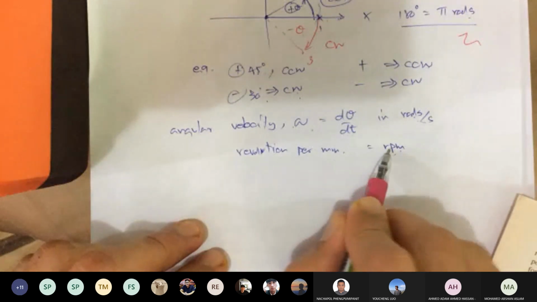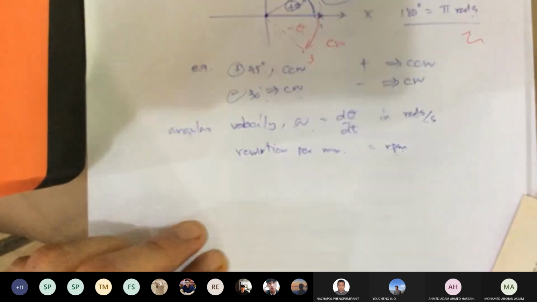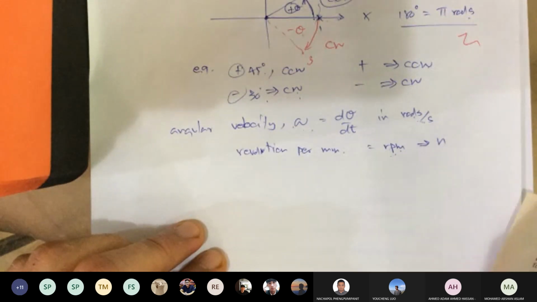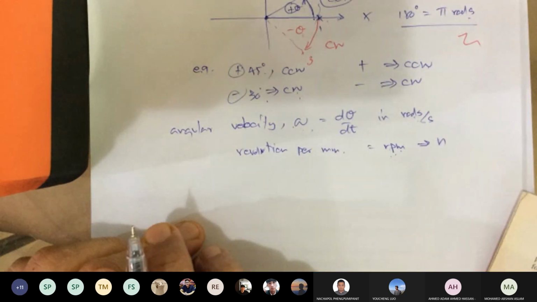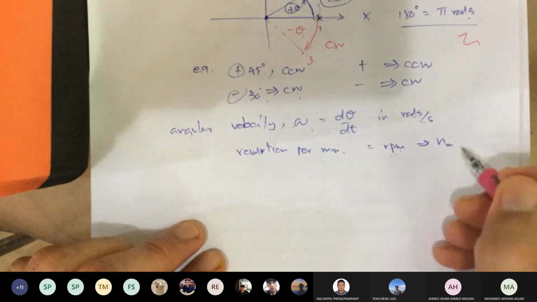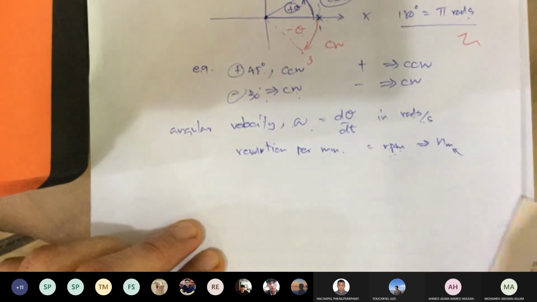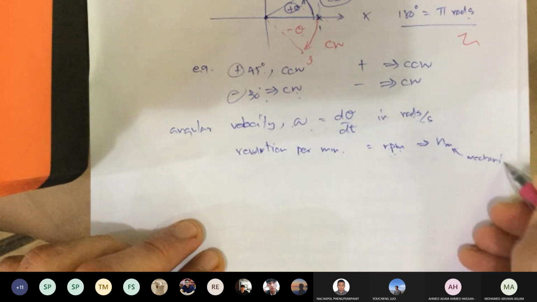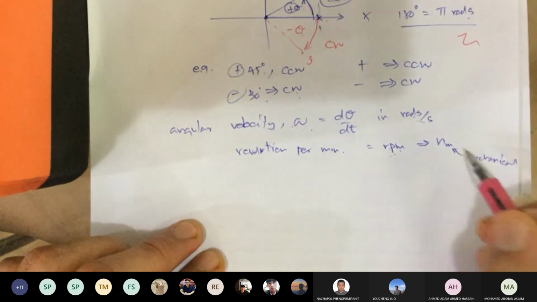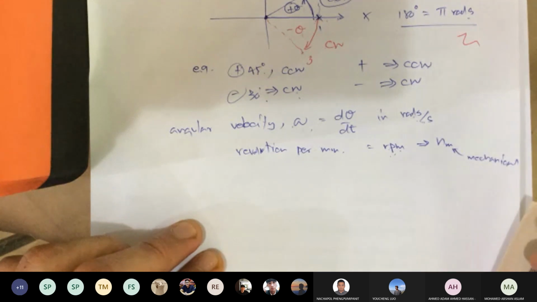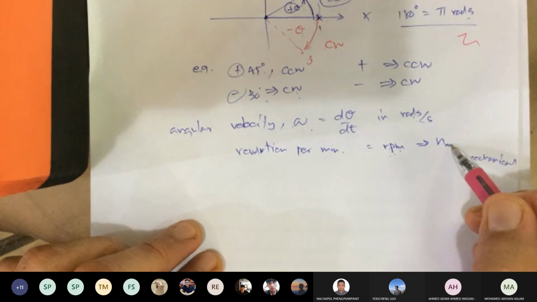So for this RPM, the angular velocity parameter that we use is n, and usually we have a subscript m. The subscript is for mechanical quantity, and this is the one that you can observe because the shaft of the motor is mechanical.